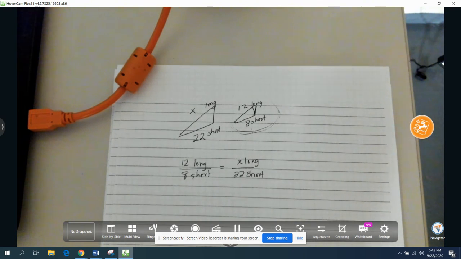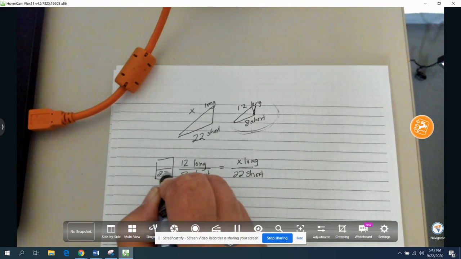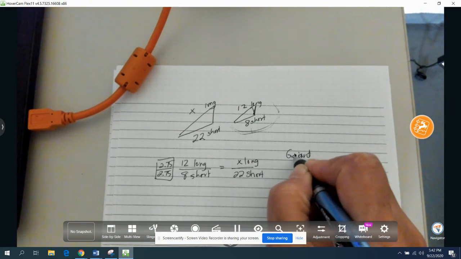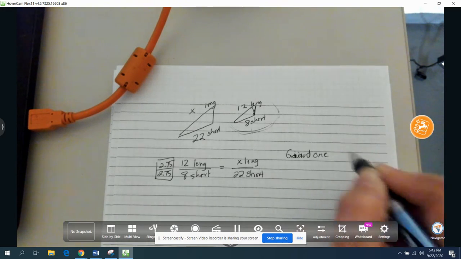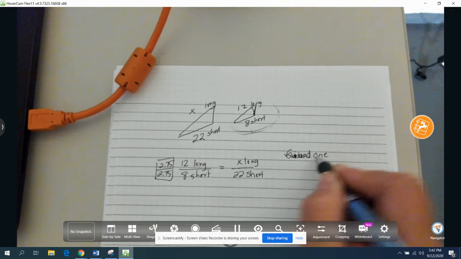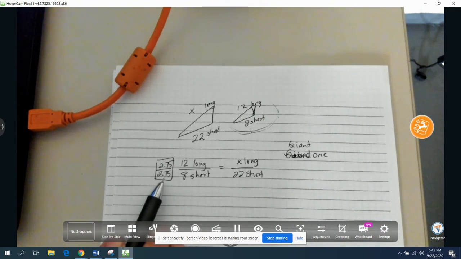So my multiplier then would be 2.75. So this is the giant one. Okay, so my multiplier is 2.75.